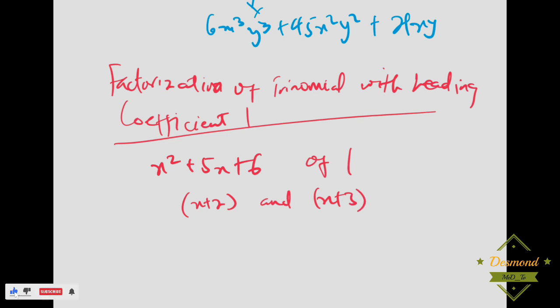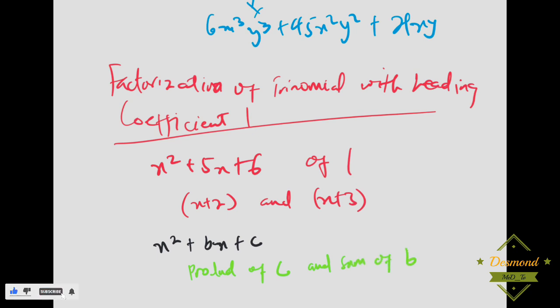So a trinomial of the form x squared plus bx plus c can be factored by finding two numbers with a product of c and a sum of b, right?